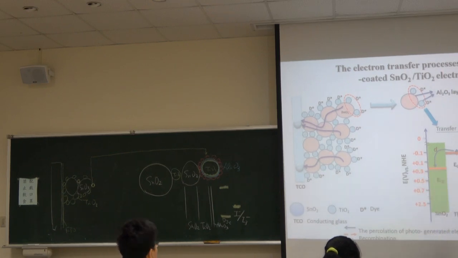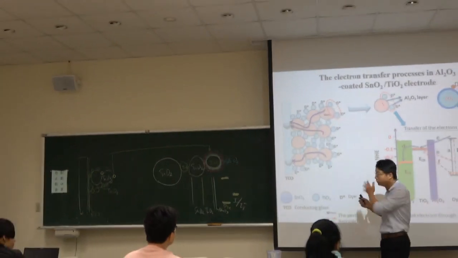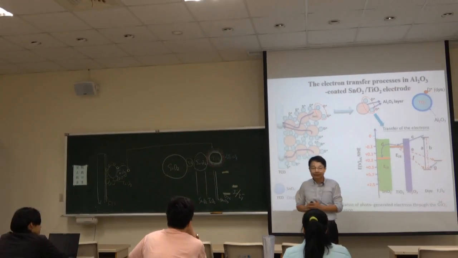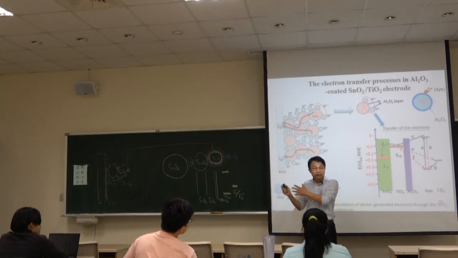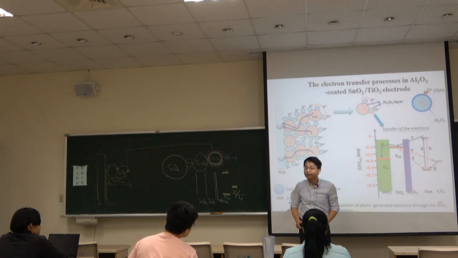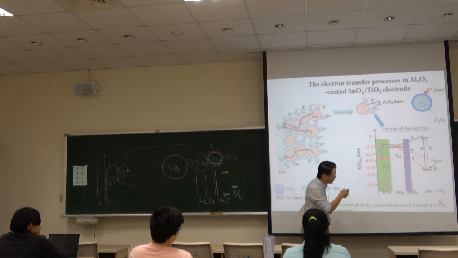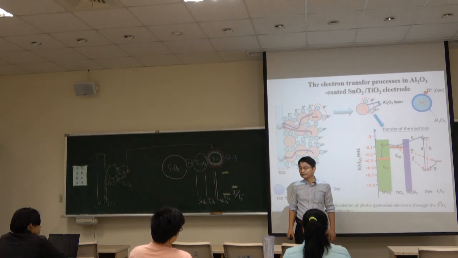It will be blocked right here, right? But how come? That's a clue about the fabrication process. Okay. If the fabrication process can be achieved, now the problem is how come Al2O3 can be penetrated? Why?